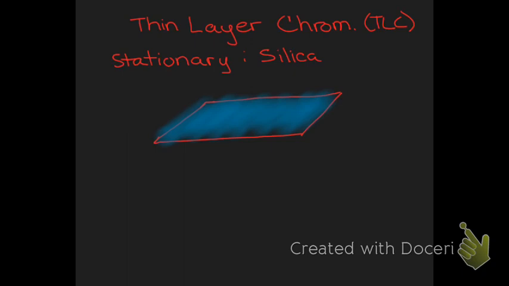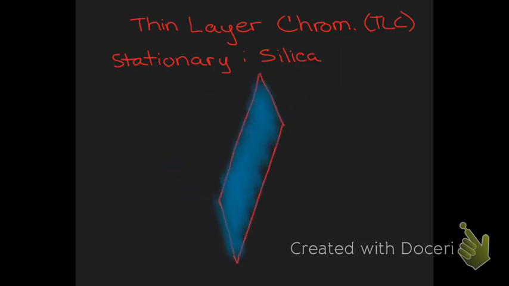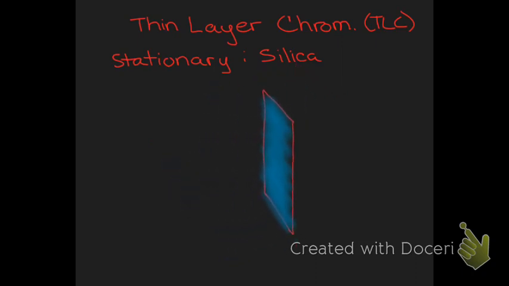And so basically what happens is if we take this drawing and we rotate it around, this is actually going to be sitting inside kind of a pool of solvent. And you are going to have your compounds spotted down at the bottom.